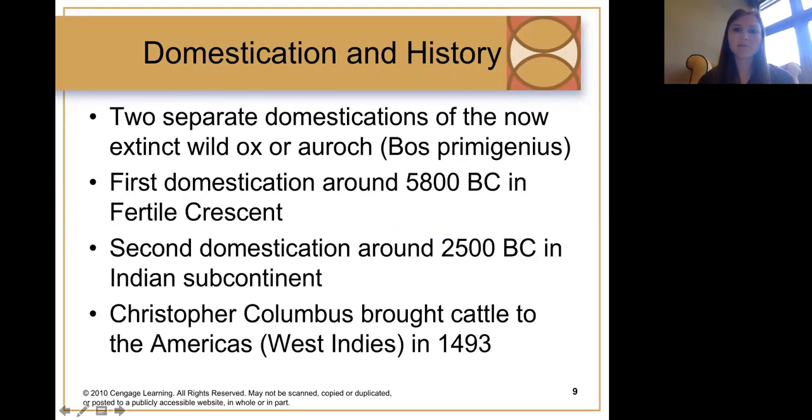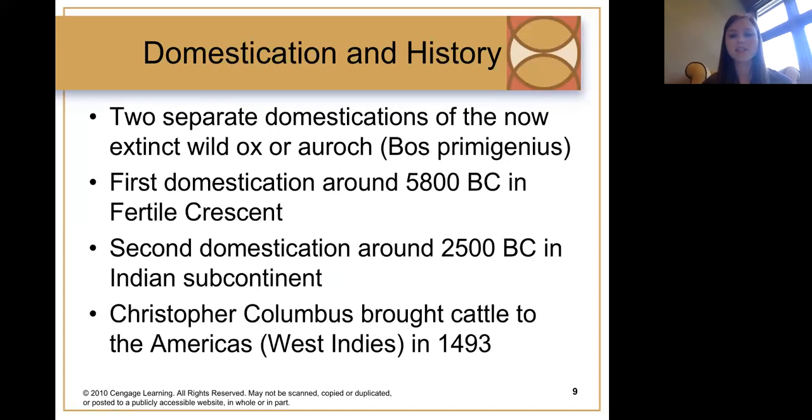Now, just a little bit about domestication and history. We've touched on this before in the domestication lecture. So there were two separate domestications of the now extinct wild ox, which was called the Bos primigenius, I think is how you say that. The first domestication was around 5800 BC in the Fertile Crescent, which you remember from that other lecture, pretty much everything happened in the Fertile Crescent.